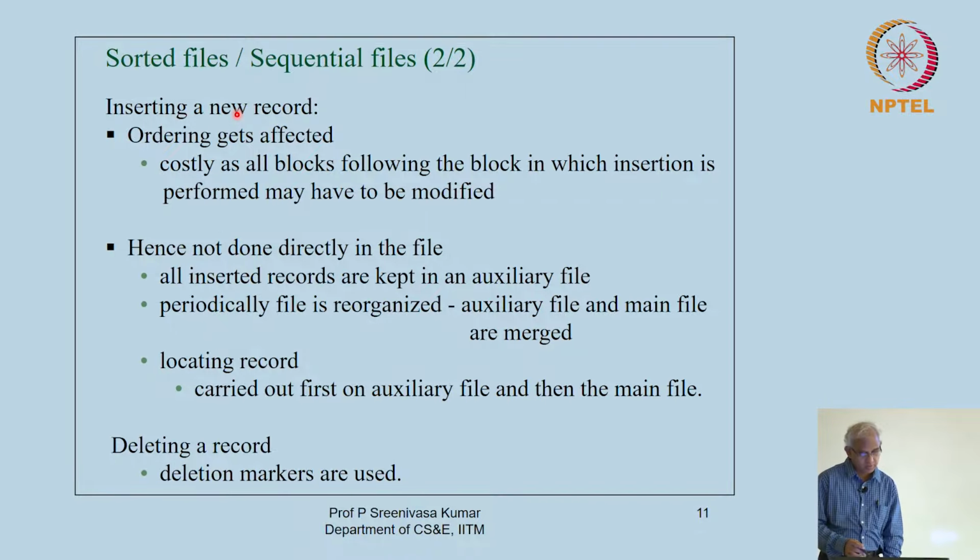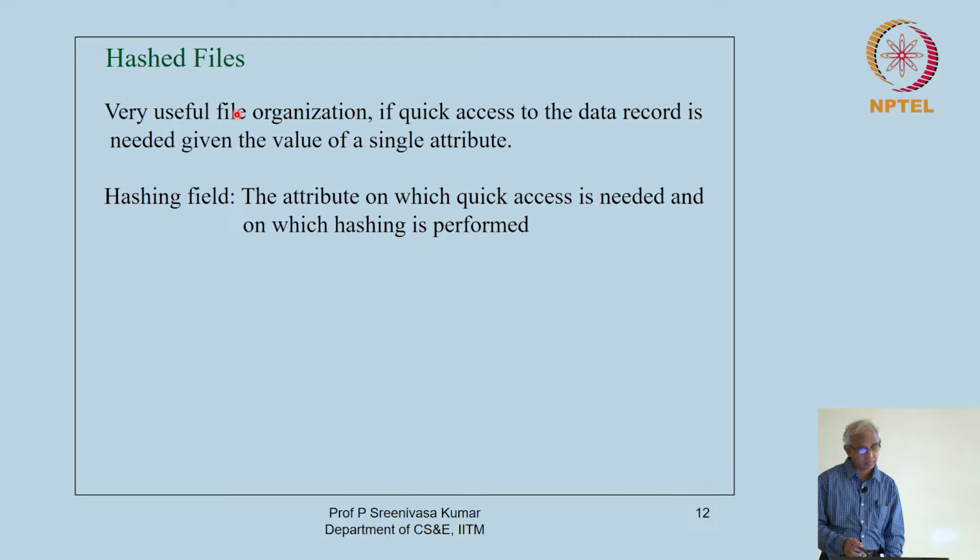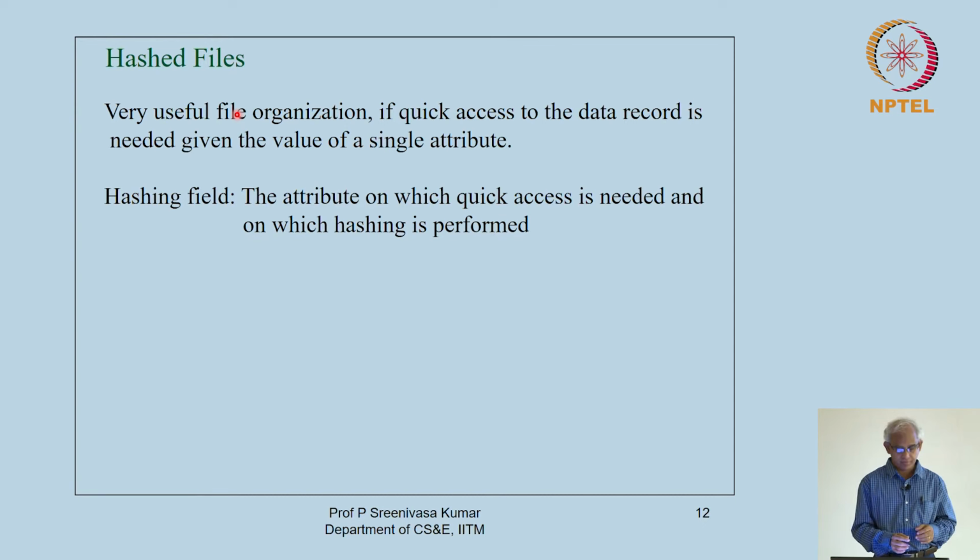Okay. So the other primary organization is the hashed file organization. You have studied hashing in data structures, so I'm not going to repeat the details of hashing, but we will use the hashing idea and then use it for organizing the file. So this is a very useful file organization if we really want a very quick access to data records given the value of one single attribute, which is what we choose as a hashing attribute.